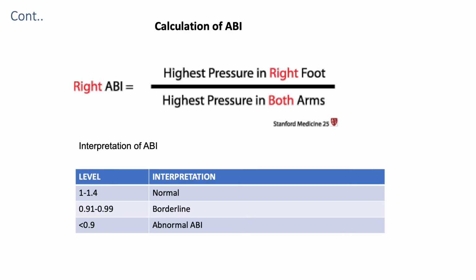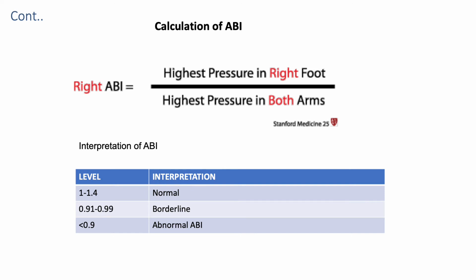I'll show you exactly what I mean. You measure the pressure in your right foot, and then you measure the pressure in your arm, and you divide the pressure in the foot by the pressure in the arm. So how do you interpret the ABI readings?